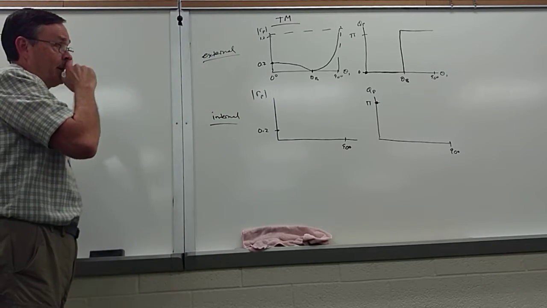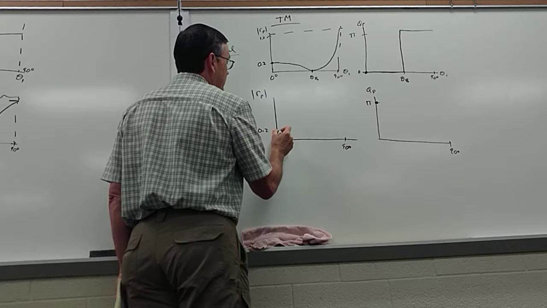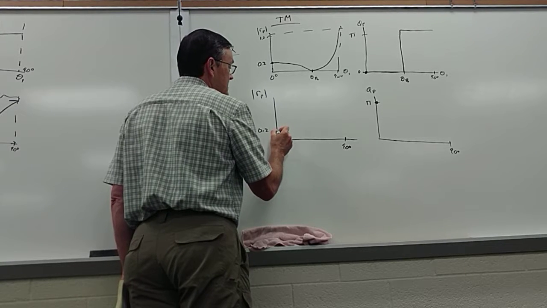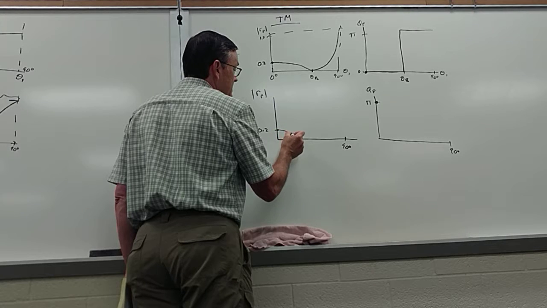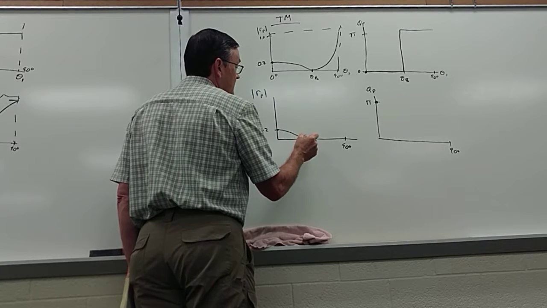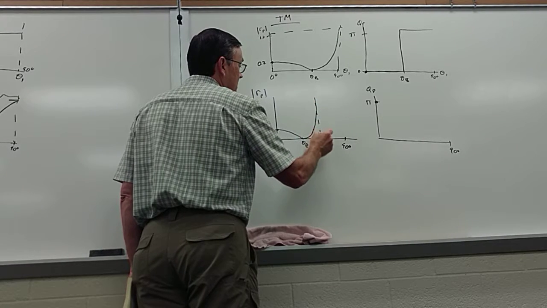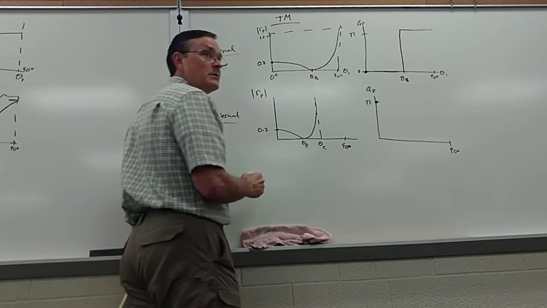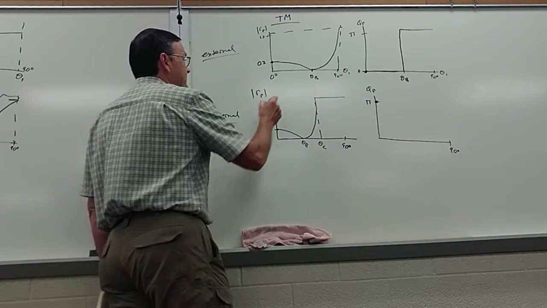Okay, so what happens here is that, again, as we go off normal incidence, the amount of field that's reflected decreases till we hit the Brewster angle, and then it increases till we hit the critical angle, and then it's unity.